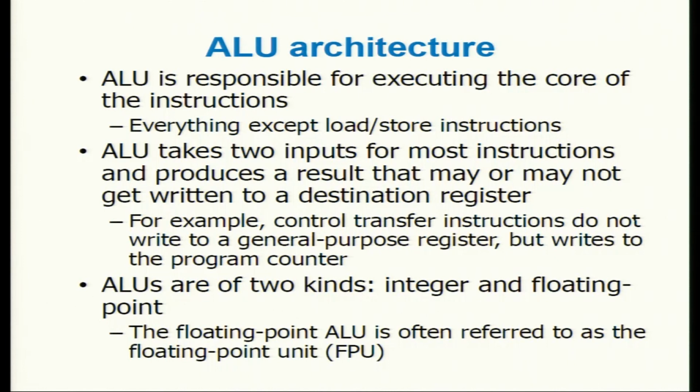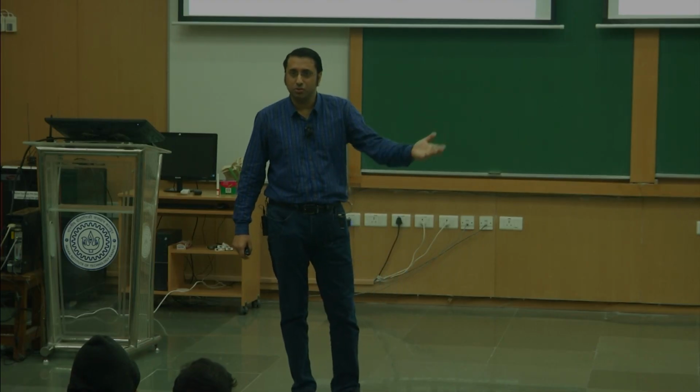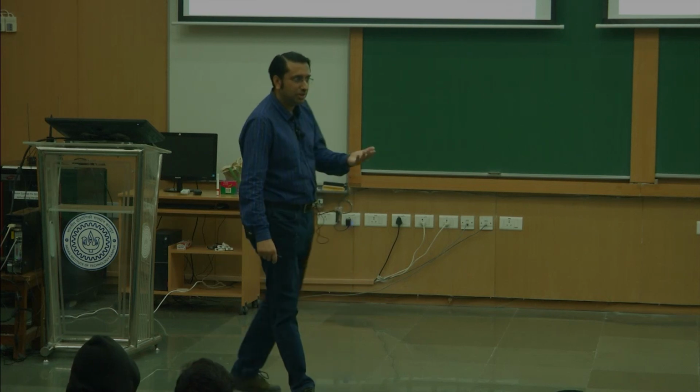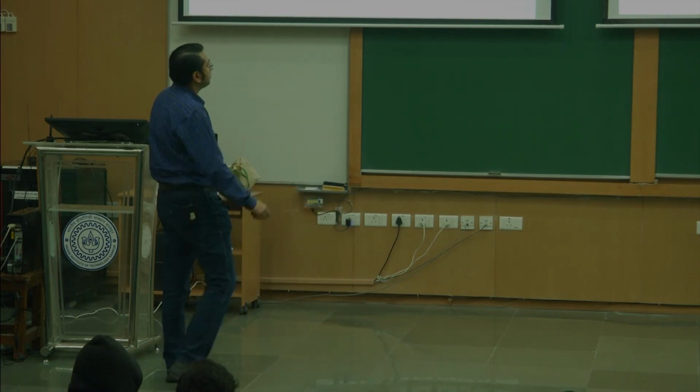It's responsible for executing the core of the instructions, everything except memory operations, loads and stores. Typically the ALU takes 2 inputs for most instructions and produces a result that may or may not get written to a destination register. For example, branch instructions produce a branch target, which doesn't go to a general purpose register but goes to the program counter instead. Right? So that's a slightly different type of ALU instruction.